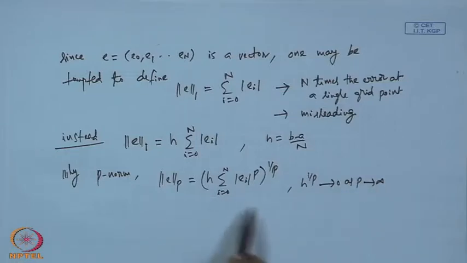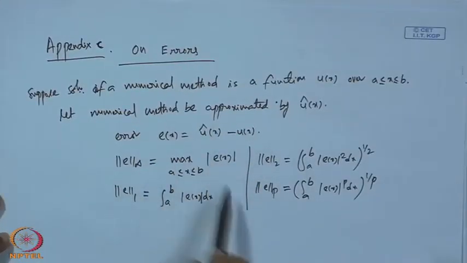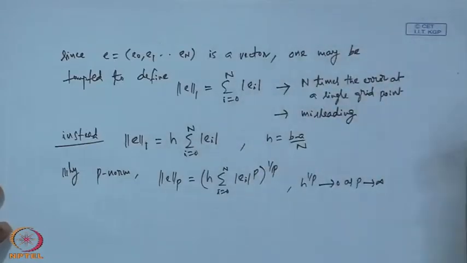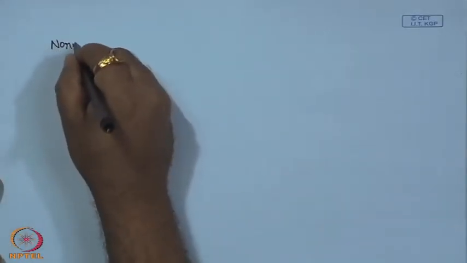So, this normalization works. So, what I am trying to say is the functions, we have defined these kind of norms for functions, but when it comes to grid, so similar concept may not be extended. Okay.